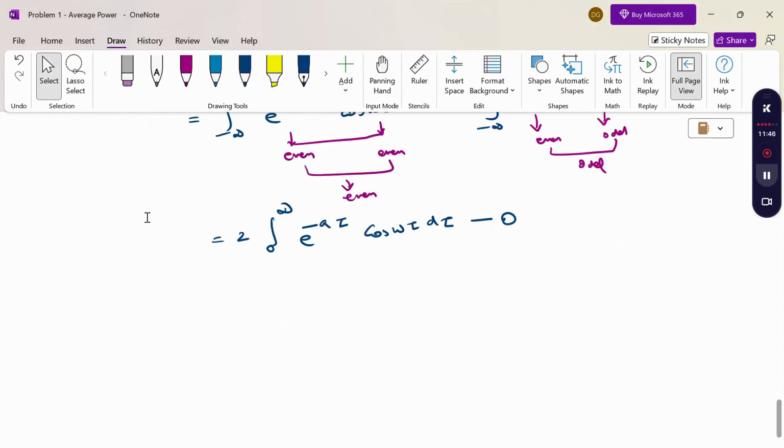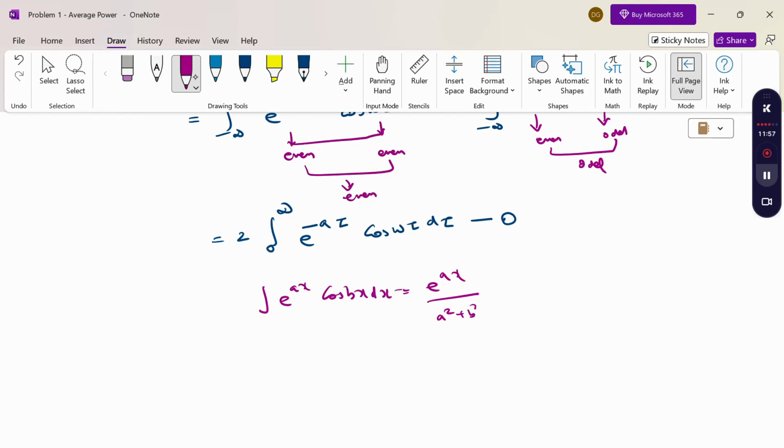Now using the formula, the integral of e power ax cos bx dx equals e power ax/(a square + b square) times (a cos bx + b sin bx). Here the term is minus a, so we apply it with minus a.